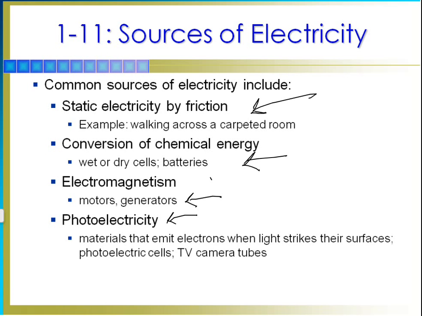So the difference in charges between the grounded object and your body is acting on a third charge in the air, and that's where you get the spark. And that spark, the current, is actually traveling from the negative side up to your body. So that's pretty cool.